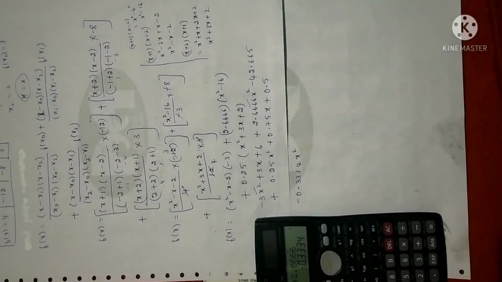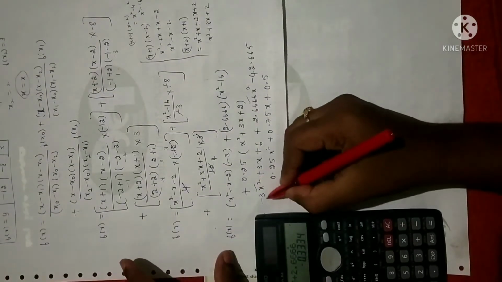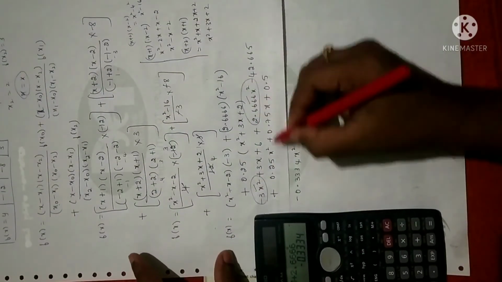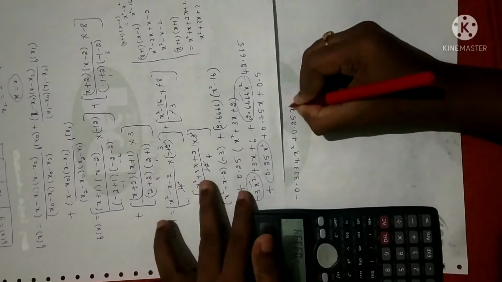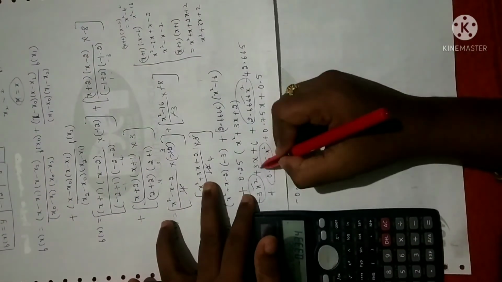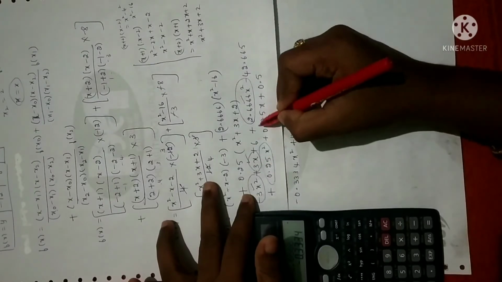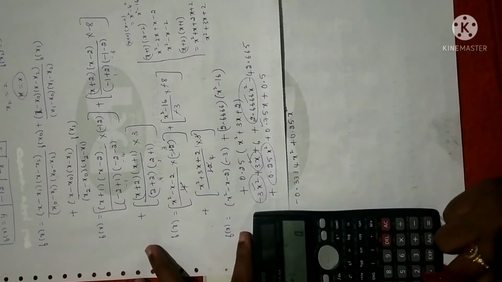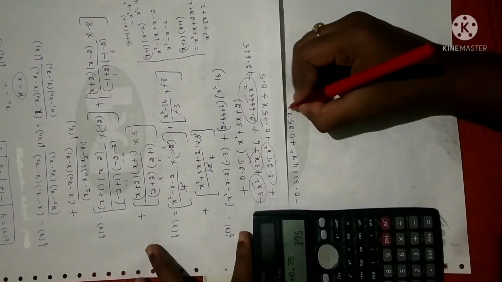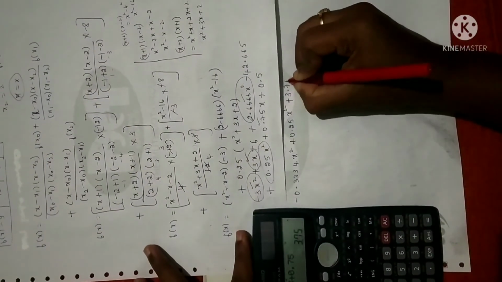Clear? Now let me simplify. And we have done only these two terms, right? One more term is there. So 0.25, I'll just write in one more step if you want. 0.25 x square. Next terms containing x, 3x. See 3x, 0.75x. That's all, right? See here, 3 plus 0.75. It is 3.75x.